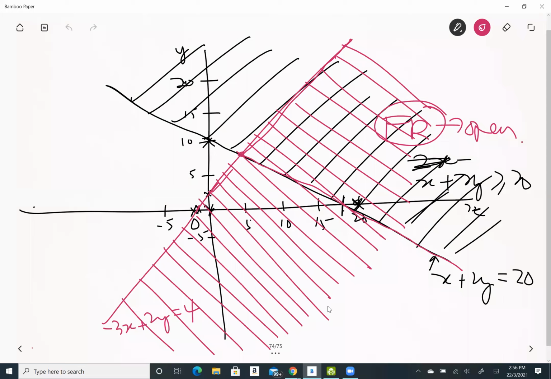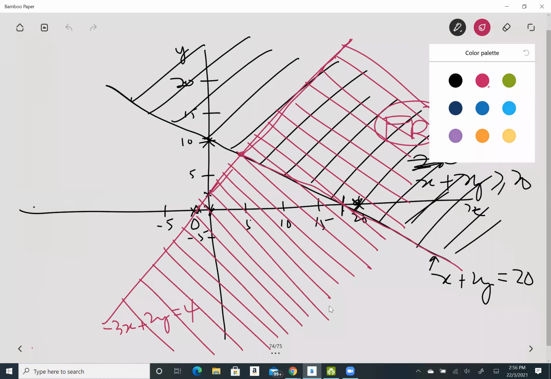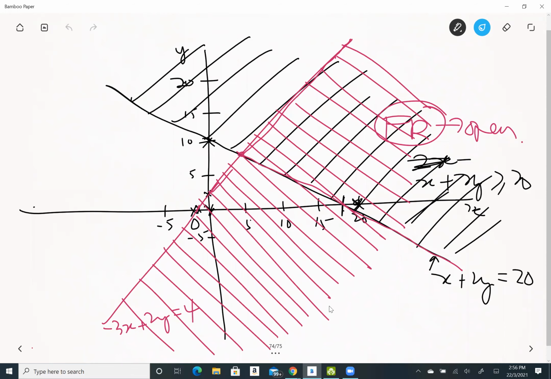So do you have a bounded area or do you have an open area? Bounded between 10 and 15. Bounded, yeah. Because, you know, x equal to 12 will be somewhere here. X equal to 12 here.